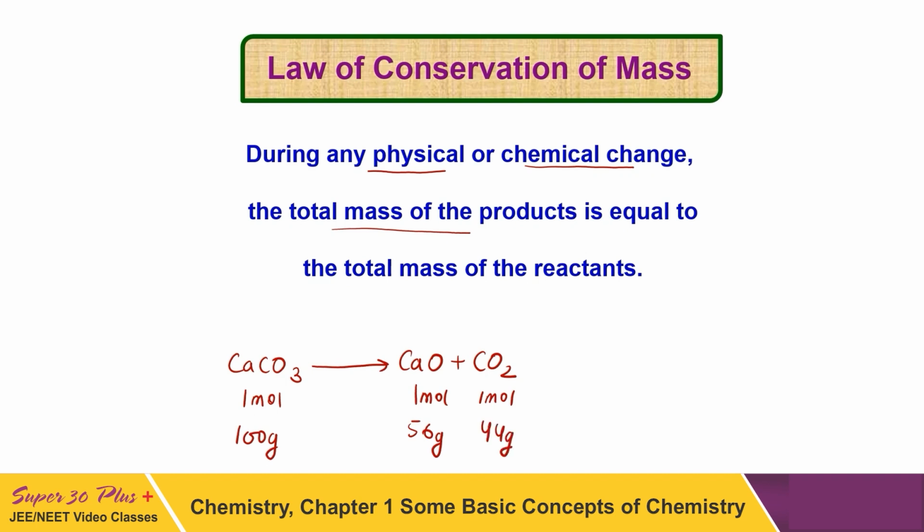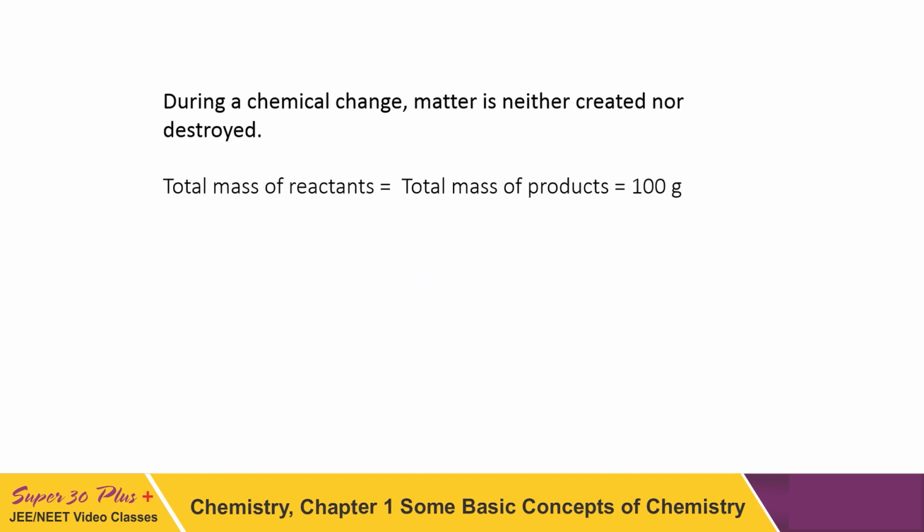So the total mass is again 100. So mass remains conserved. You can choose any chemical reaction. During a chemical change, matter can neither be created nor be destroyed, and the total mass of the reactant equals the total mass of the product, which is 100 gram in the previous example.